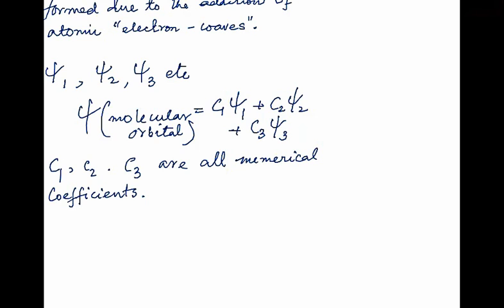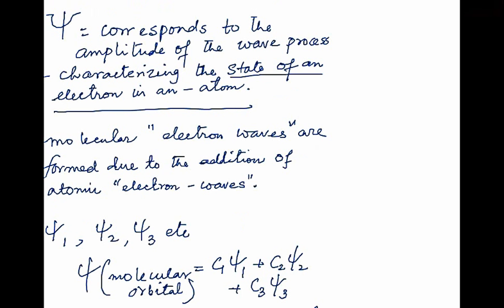Now for a 1s orbital, C1 is equal to C2 is equal to C. The coefficient C does not affect the form of the required molecular wave function but only changes the magnitude.